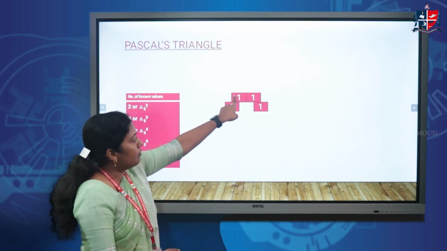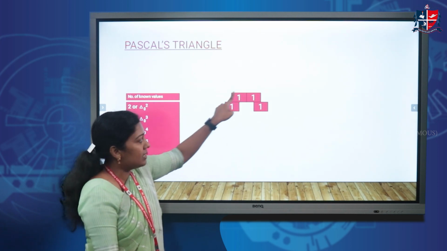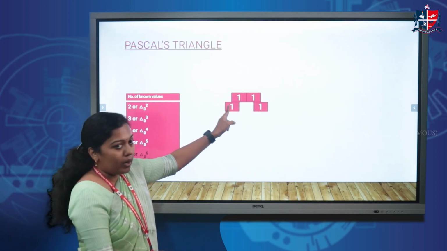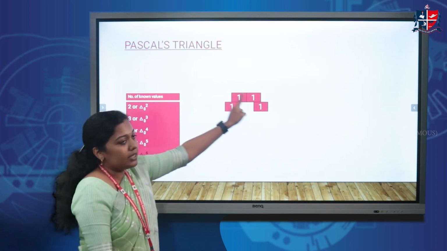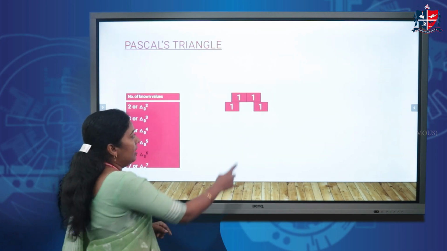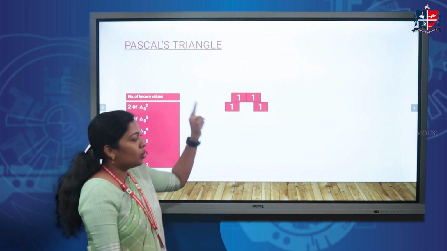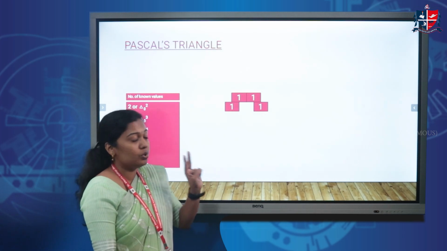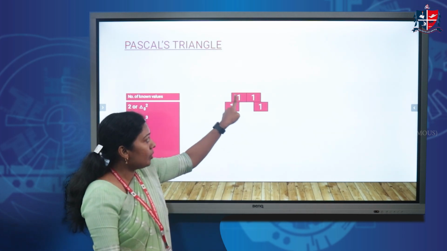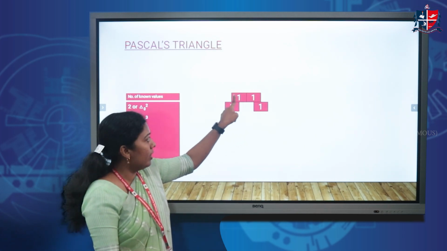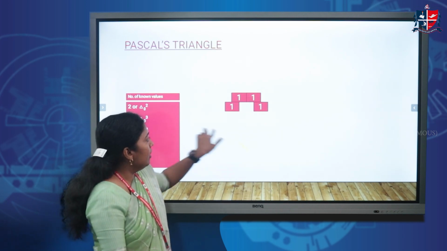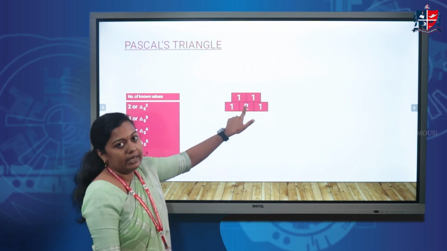In the first line, we will write 1 and 1. In the second line, we will write 1 on the left extreme and the right extreme. And in the middle portion, we have to add the two values together from the first line. That is 1 plus 1, which gives you 2 in the second line.